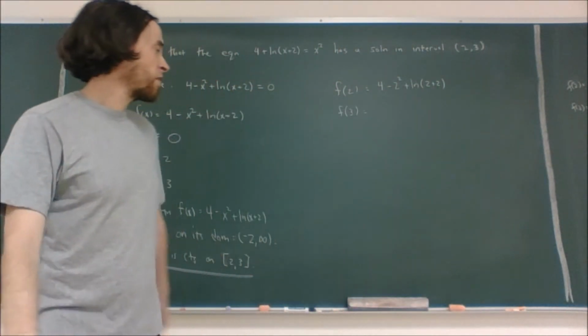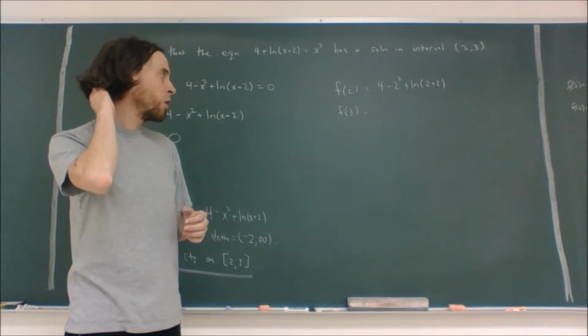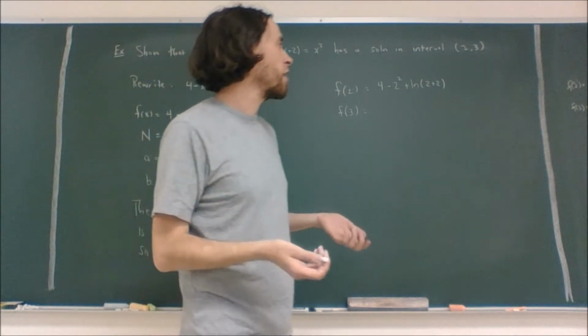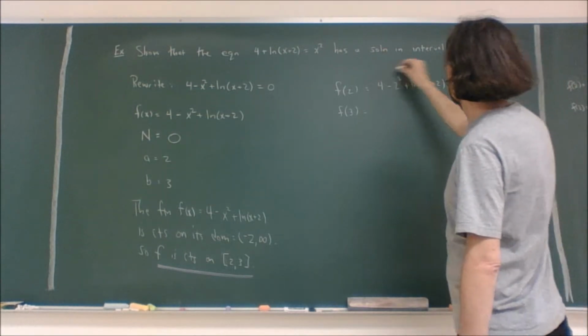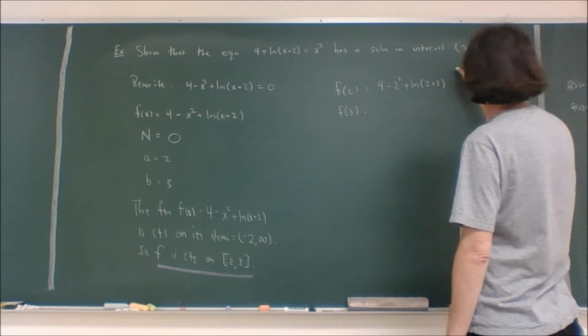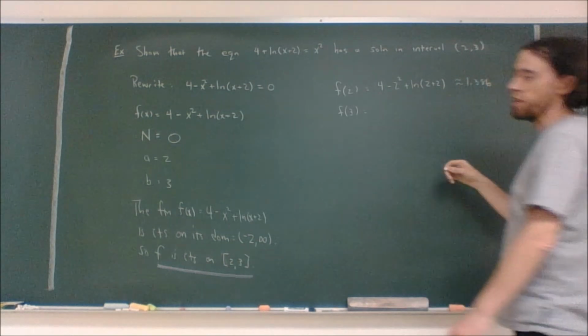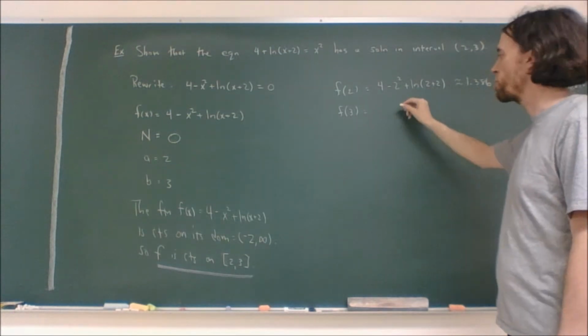And that's going to come out to some infinite decimal because natural log of 4 doesn't simplify. But if you put it into your calculator, it's going to be approximately 1.386. And since it's approximately 1.386, that'll be good enough for our purposes.